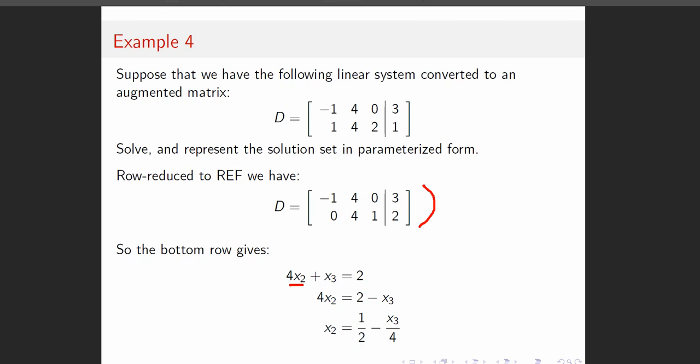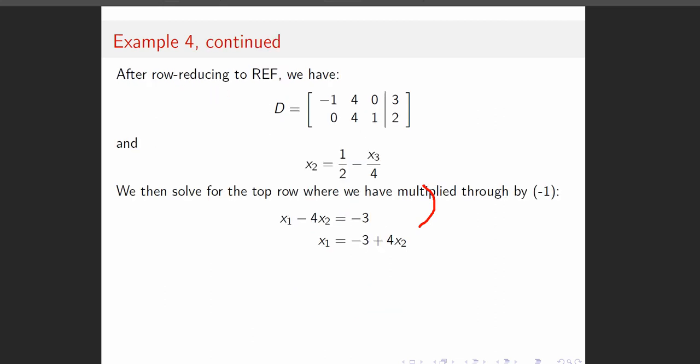Get rid of the ink and slide forward. All right. So if we've got the second row, right, x2, we already know what x2 is. And here I did multiply through by the -1, right?